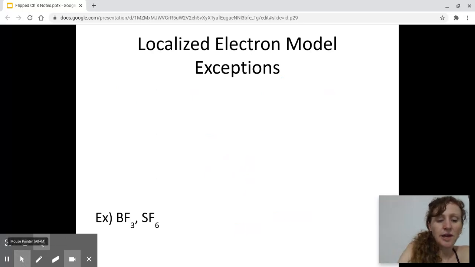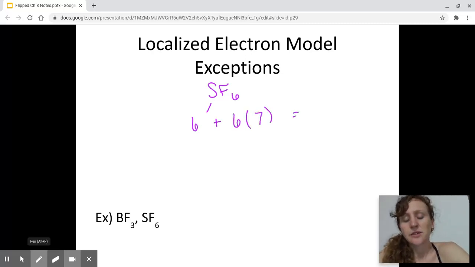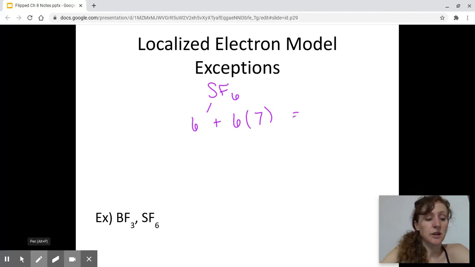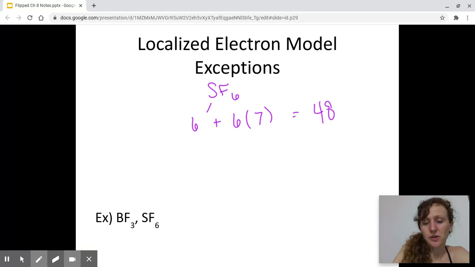All right, let's do SF6. So sulfur has 6 valence electrons. We have 6 fluorines. They all have 7. Holy smokes. Okay, so that's going to be a lot of electrons. All right, 6 times 7 is 42. It's basically 6 times 8. Okay, 48 electrons. So here we go.